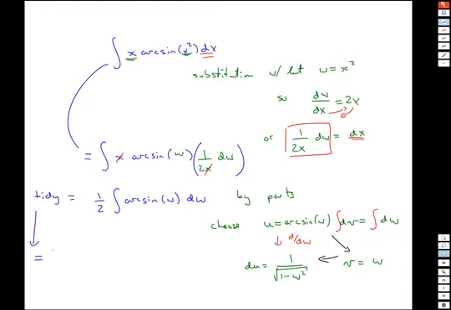Our integral then becomes 1/2 times uv, arcsine of w times w, minus the integral of, oh, sorry, I forgot a dw here, minus w times 1 over the square root of 1 minus w squared, dw, close the brackets.